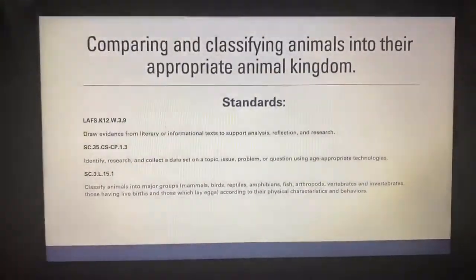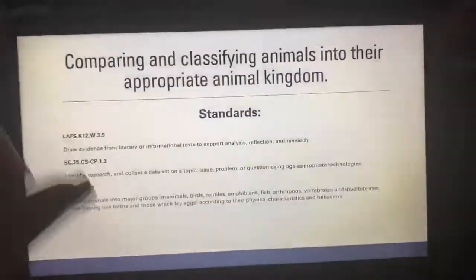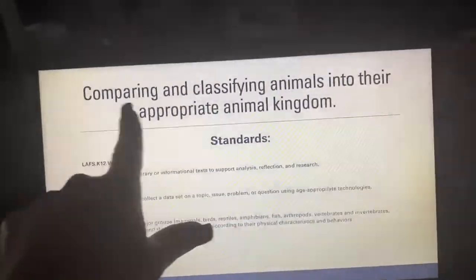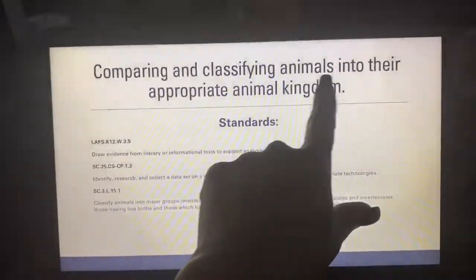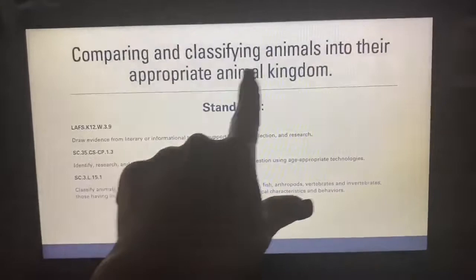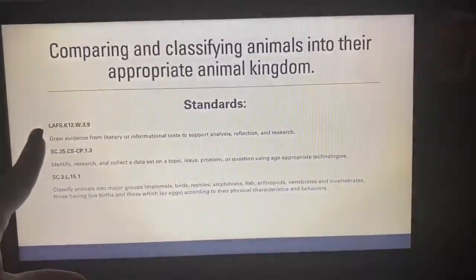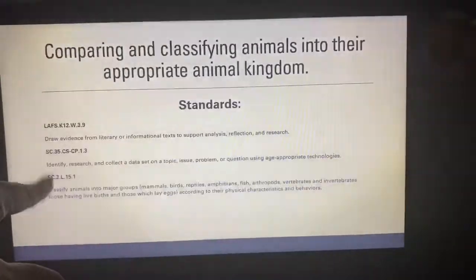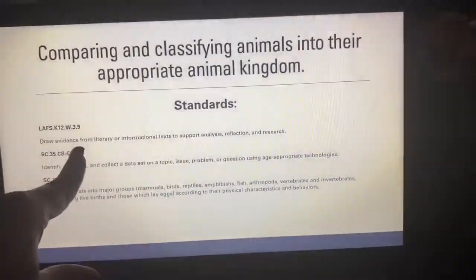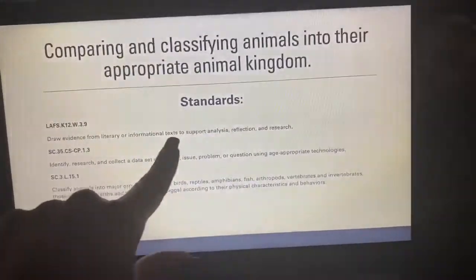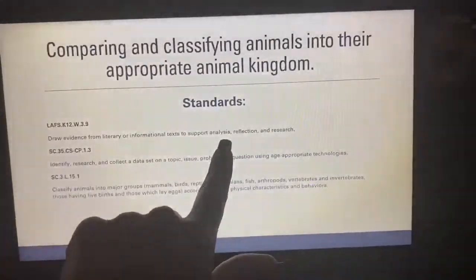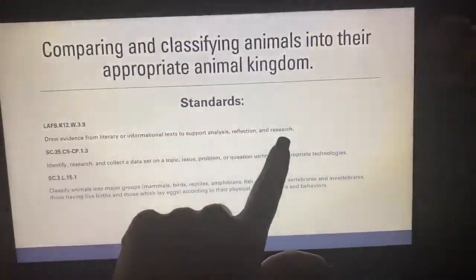As I stated, this is your title: Comparing and classifying animals into their appropriate animal kingdom. Then we have our standards. We have 1, 2, 3. One of the standards is draw evidence from literary or informational text to support, analyze, reflect, and research.